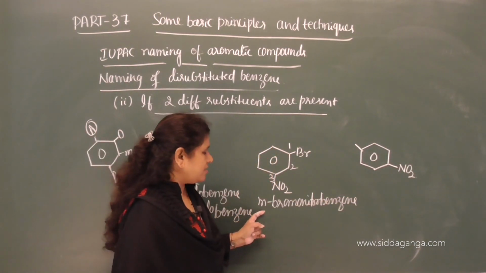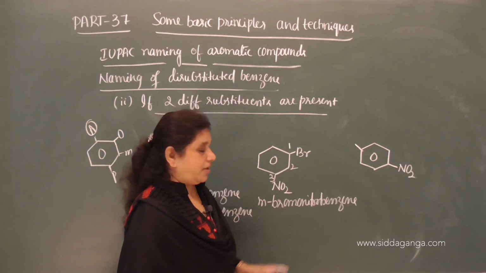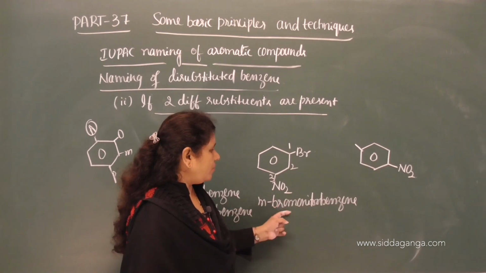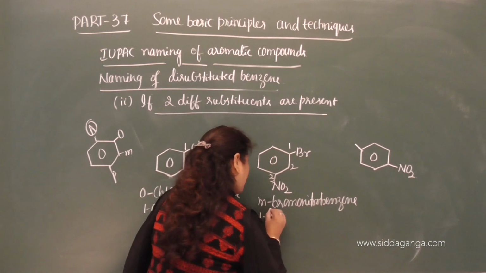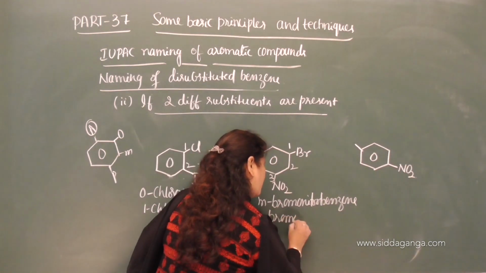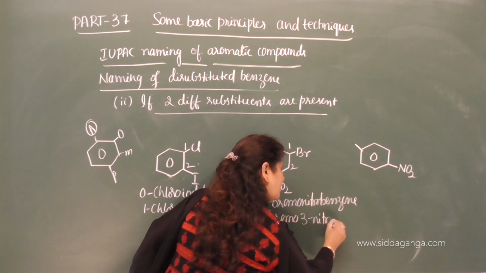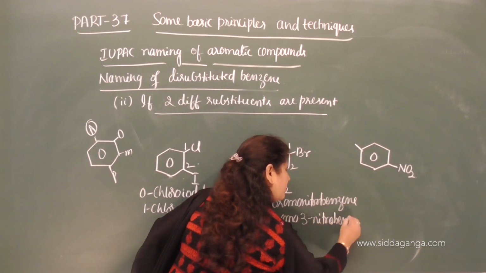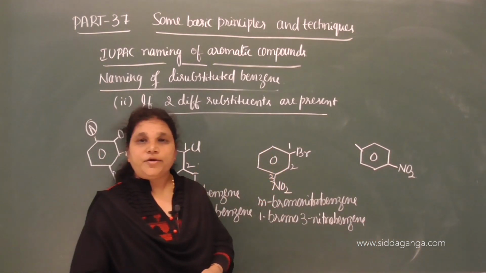Meta indicates that two substituent groups are on the alternate carbon atoms, meta bromo nitro benzene. Then what is the IUPAC name? 1 bromo, 3 nitro benzene. Clear? 1 bromo, 3 nitro benzene.